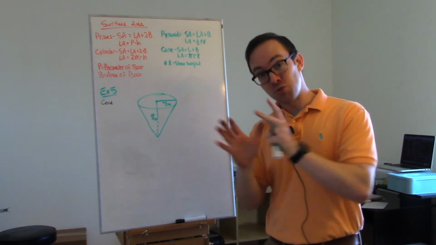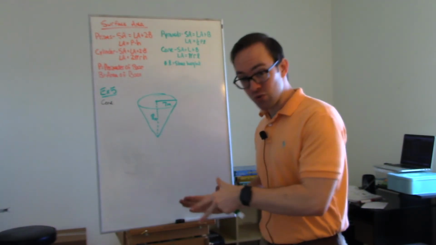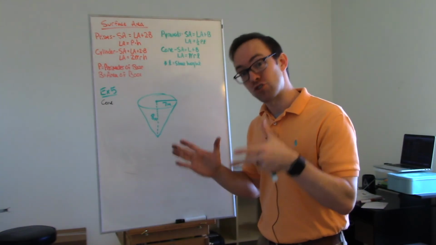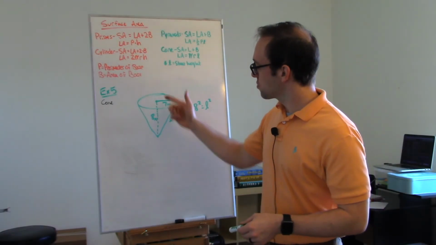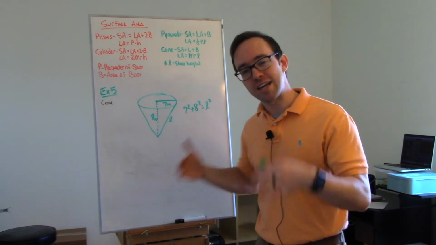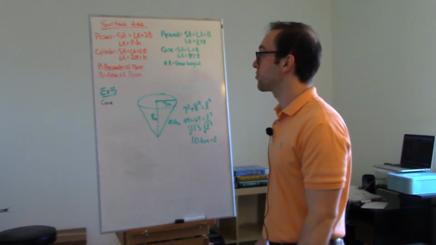Hopefully, what you see already is something we've utilized in most of our examples: a triangle and Pythagorean theorem. For the Pythagorean theorem, 7 squared plus 8 squared equals your slant height squared. Slant height of 10.6 meters.